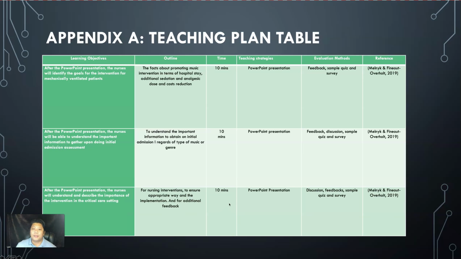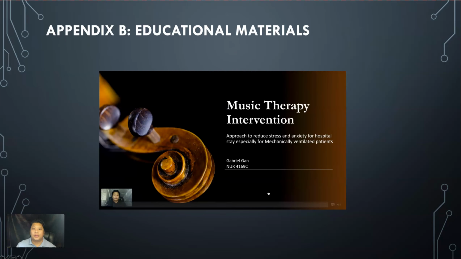The time spent was 10 minutes as part of the PowerPoint presentation, and the evaluation methods are still the discussion, feedback, sample quiz, and survey. The educational material was this music therapy intervention PowerPoint video that was used to educate the 4 participants.